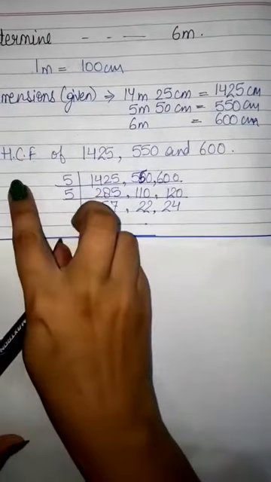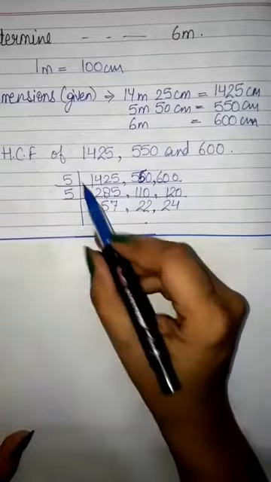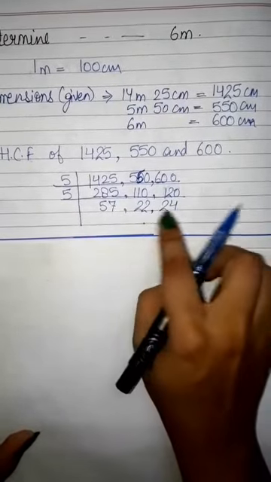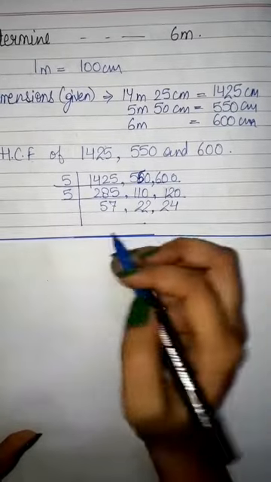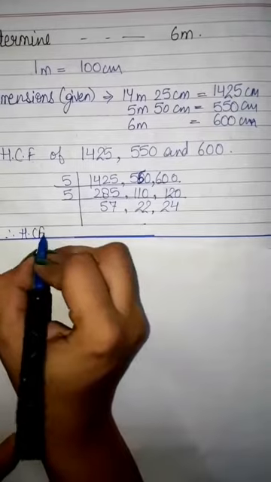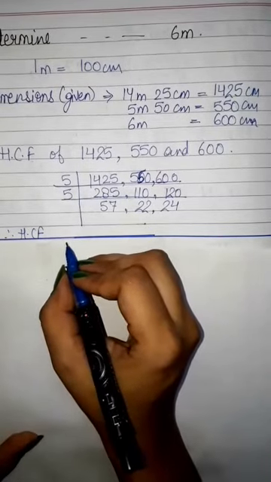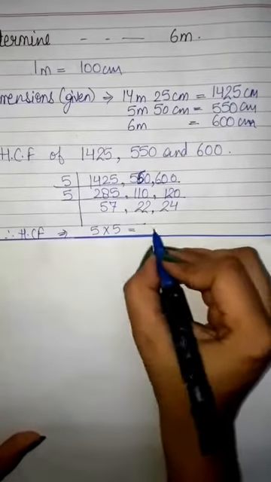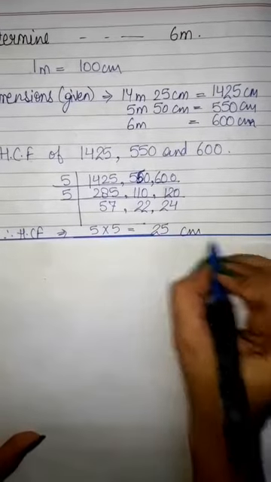In HCF, children, remember, we take only the common ones. Now no other divisor can divide all three numbers. So the HCF, or you can say the longest measurement of tape, will be 5 into 5. Answer is 25 centimeter.